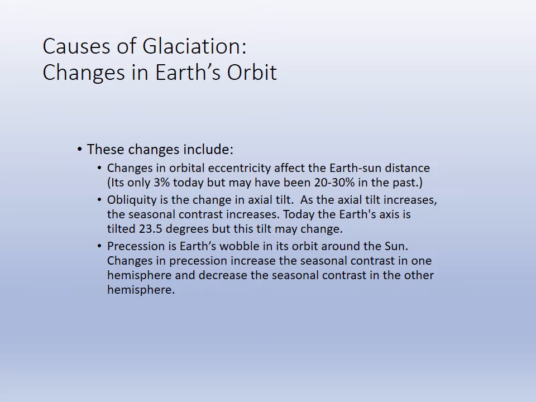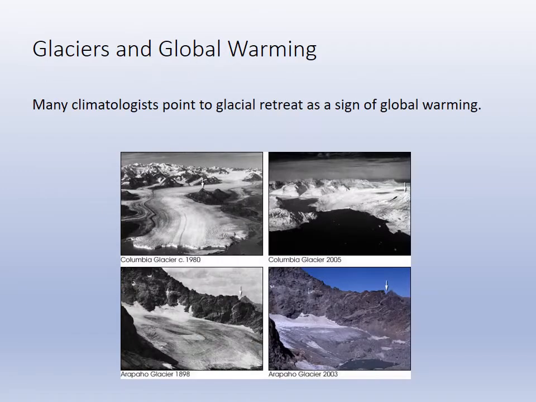Humans have nothing to do with these factors that go into climate. Of course, humans do with the carbon dioxide emissions and changing of the atmosphere composition and temperature, and we have had some alarming glacial retreats over the past century.